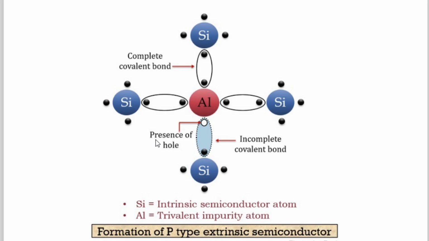So vacancy of an electron is nothing but a hole, and whenever any electron comes very close to this structure, that electron will get occupied into this hole. Therefore it is said that a hole always gains an electron, and therefore hole is a positive charge. Hole has a positive charge. So actually speaking, hole is an imaginary concept.